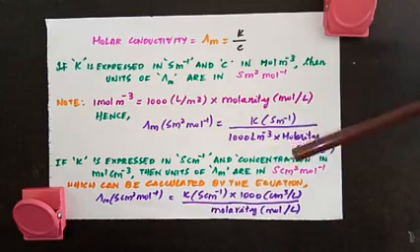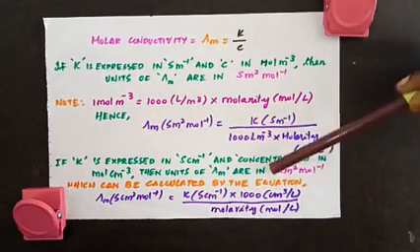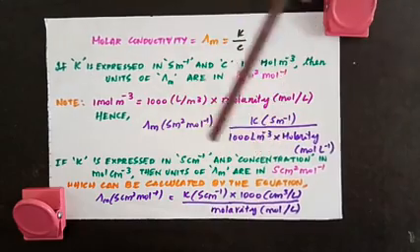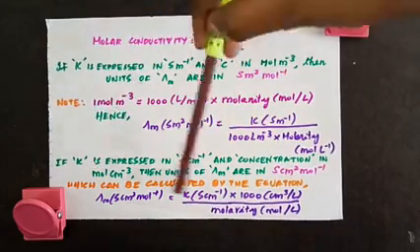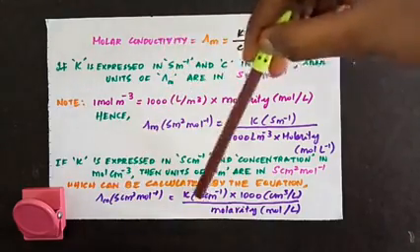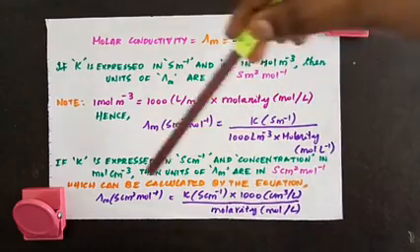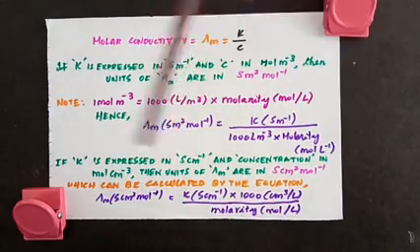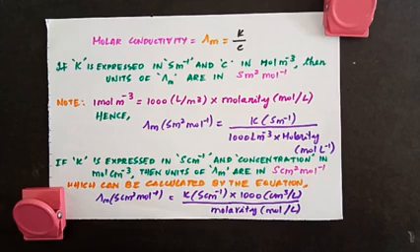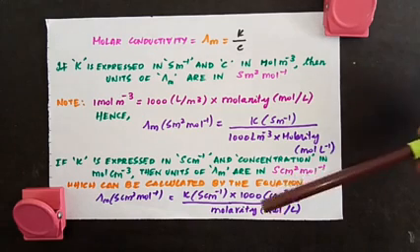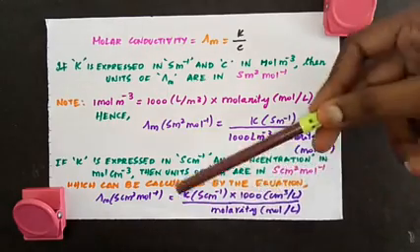If your del m is expressed in this unit, then kappa is in this unit, and concentration, which is the molarity, is in this unit, then you can calculate del m like this: kappa into 1000 divided by molarity, using this relationship again, in Siemens centimeter square mole inverse. Just now I told you the relationship between Siemens centimeter square mole inverse and Siemens meter square mole inverse. 1 Siemens meter square mole inverse is equal to 10 to the power 4 Siemens centimeter square mole inverse. So here the 1000 comes in the numerator when you do the conversion from meter to centimeter.